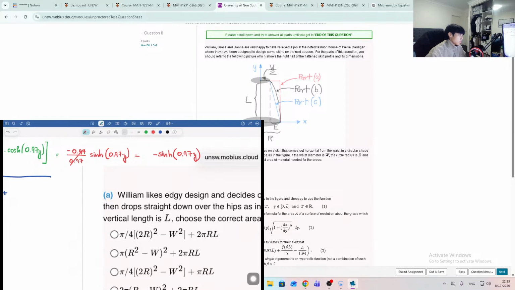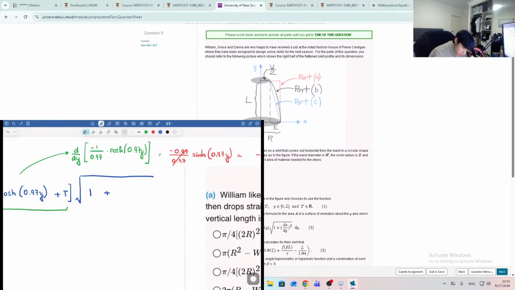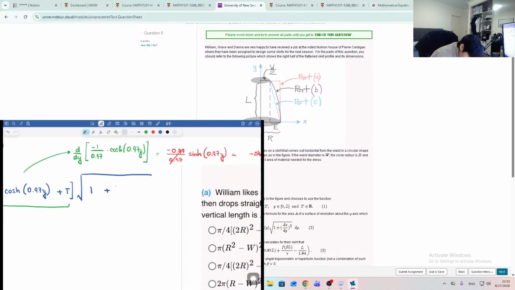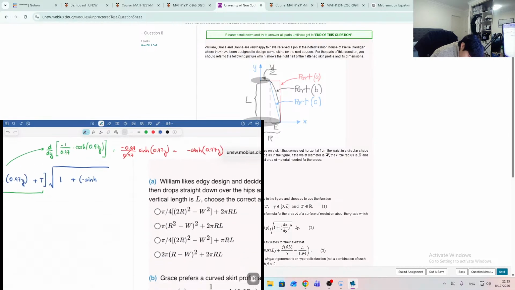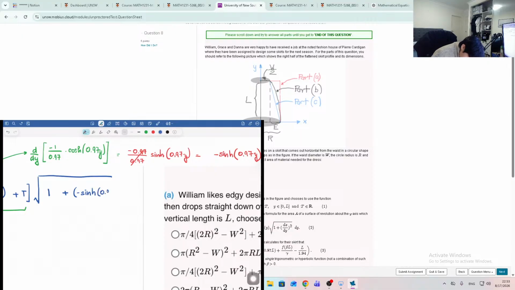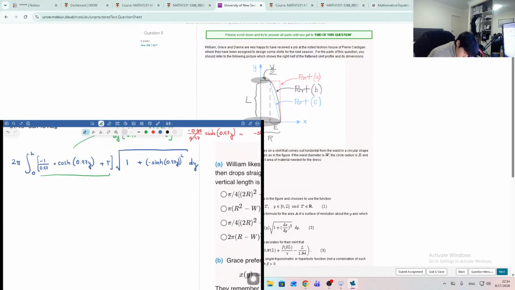So we get minus sinh. That's good. If we have minus sinh in here, minus sinh squared dy, right?